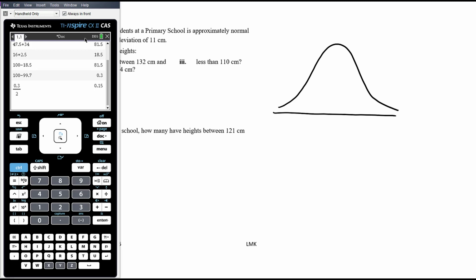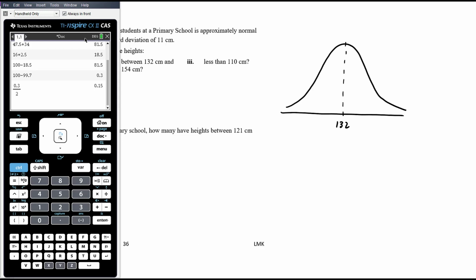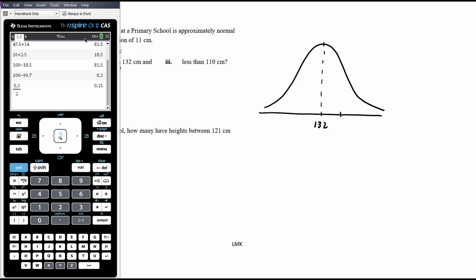Again, the first thing I would be doing is constructing myself a bell-shaped curve with the mean at 132, and then we want to think about our 3 standard deviations above the mean and 3 standard deviations below the mean.